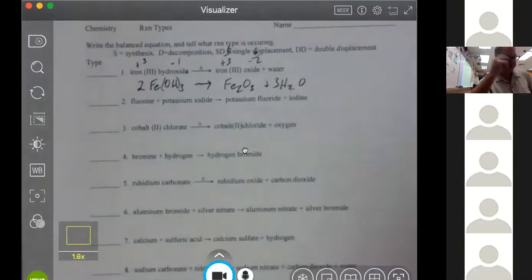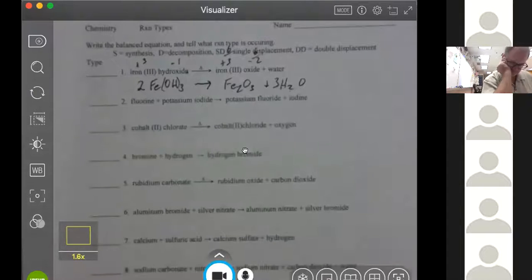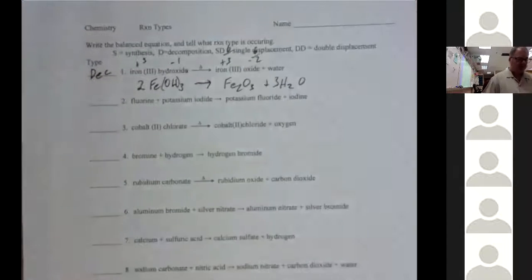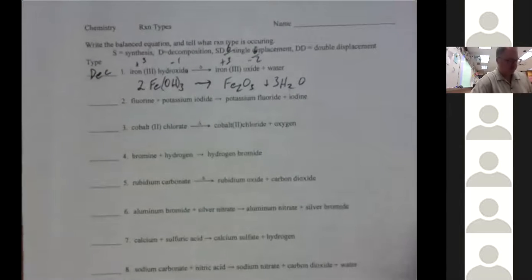So it's totally balanced. What type of reaction is this? Decomposition. Decomposition is correct. That's what they want you to do for all 15 of these.